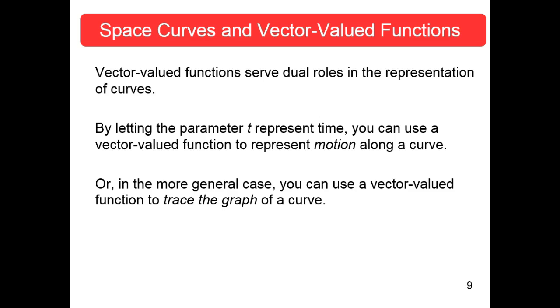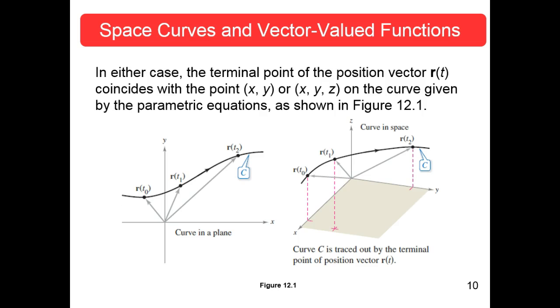So that describes the motion if t represents time. Or, in the more general case, you can use a vector valued function to trace the graph of a curve. It sounds like the same thing, but it's not quite. One is to represent the motion, the other is just to trace the graph of a curve.